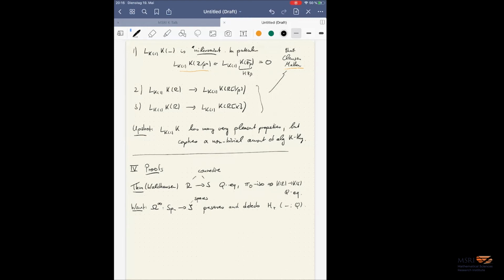First of all, we really should restrict to connective spectra, because omega infinity just doesn't see anything about the negative part. So we know that omega infinity preserves and detects pi star tensor Q isomorphisms, as pi I omega infinity E is just the same as pi I of E.